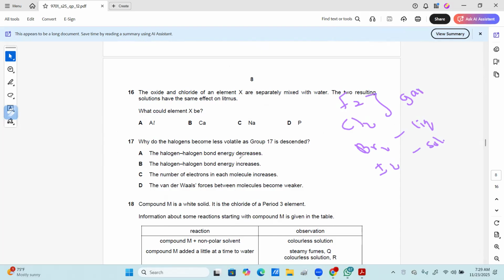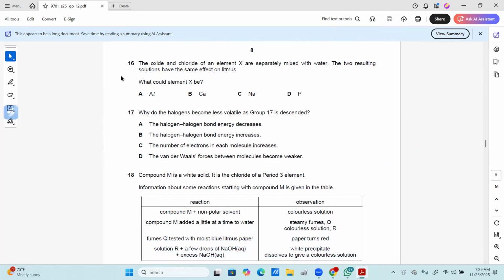That is because all of them have London forces only. So with the increasing number of electrons, London forces increase. So the correct answer is C. For the physical state or the boiling point, we have to look at the intermolecular forces between them.